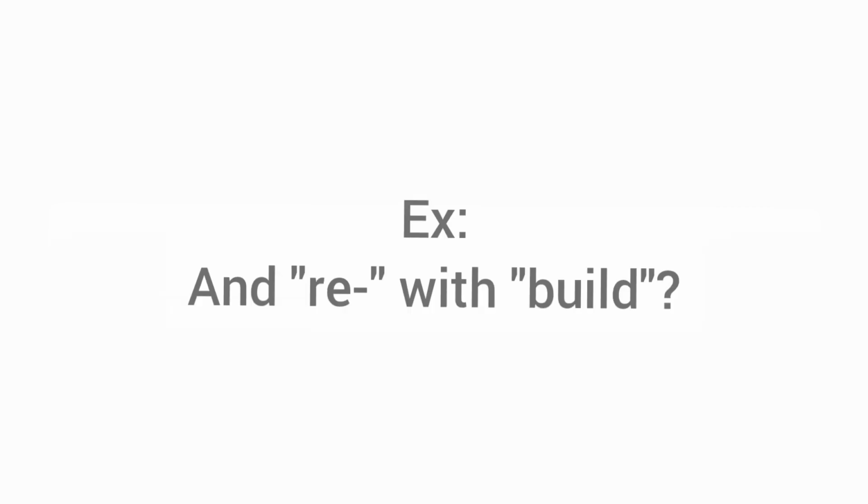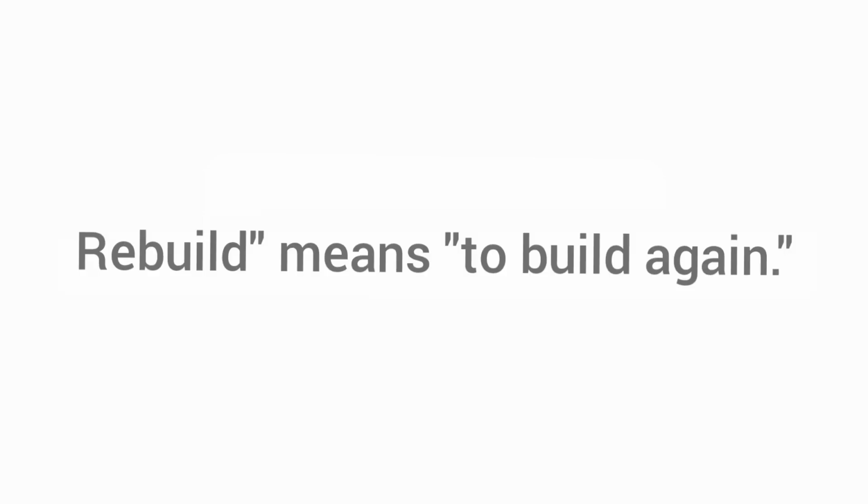Very good. We have "rewrite". Rewrite means to write again. And what do we get when we add "re" to "build"? Excellent. We have "rebuild". Rebuild means to build again.